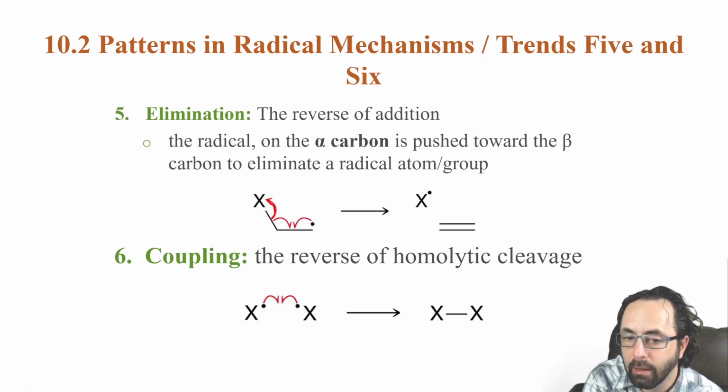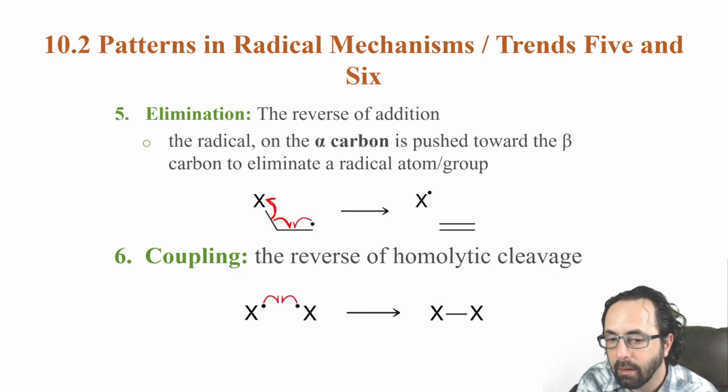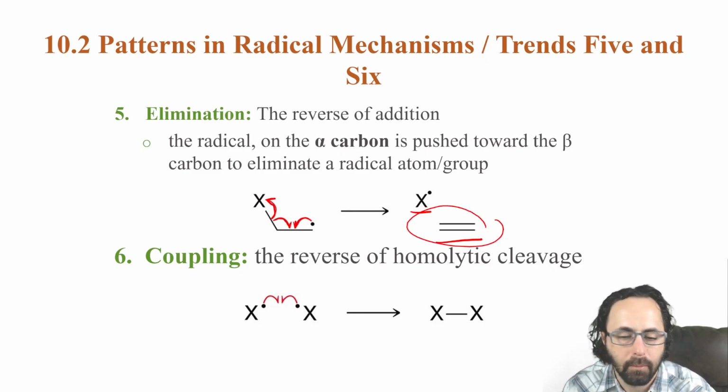The halogen radical gets its electron back. Then the other electron in the bond to the halogen atom goes into the pi bond, and the one remaining electron here goes into the pi bond. And we get the opposite of the addition. We get the elimination, where we get the halogen radical atom back, and we get the alkene back.